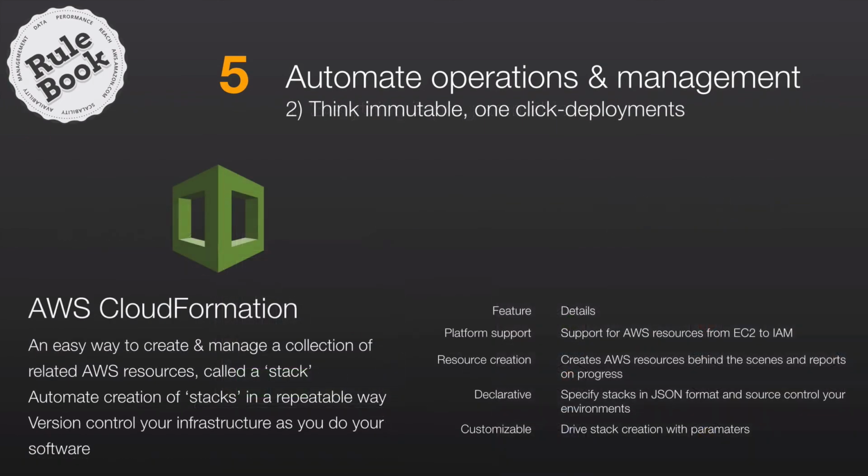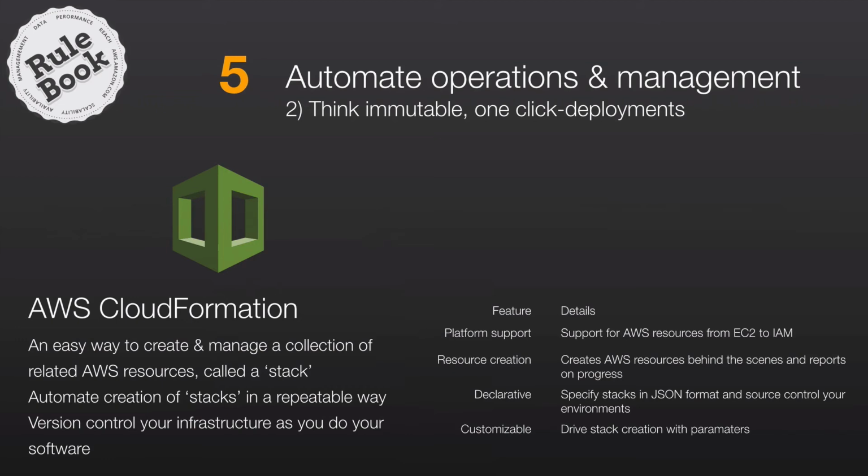Another important tool that customers use, process that customers use, actually I should probably say, is to move towards this idea of immutable one-click deployments, where AWS resources are deployed in concert, in conjunction with an application deployment. A couple of examples of tools that you can use for this. One is AWS CloudFormation.